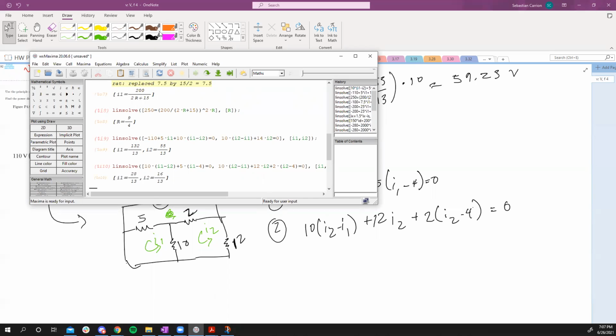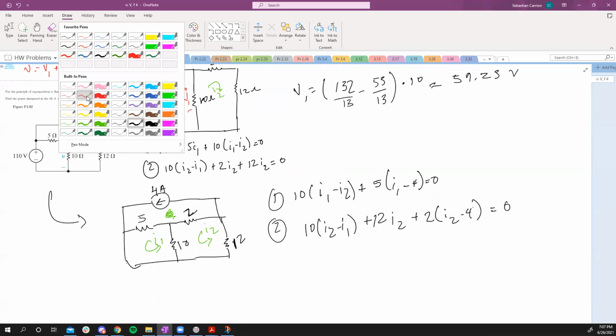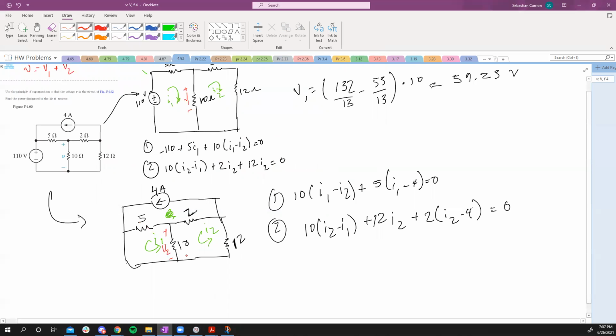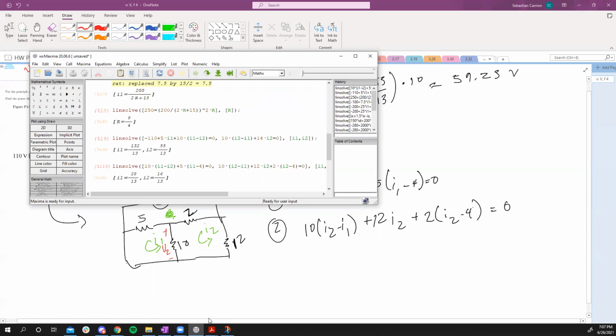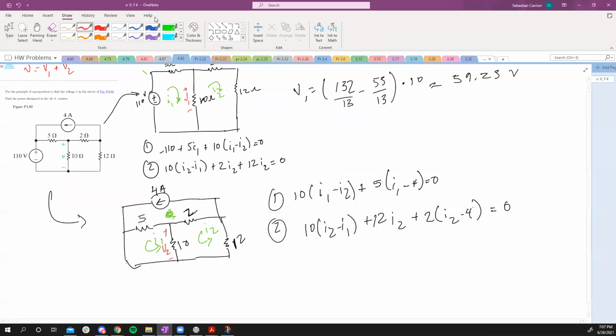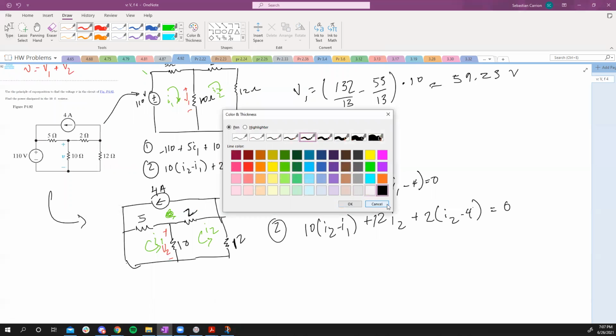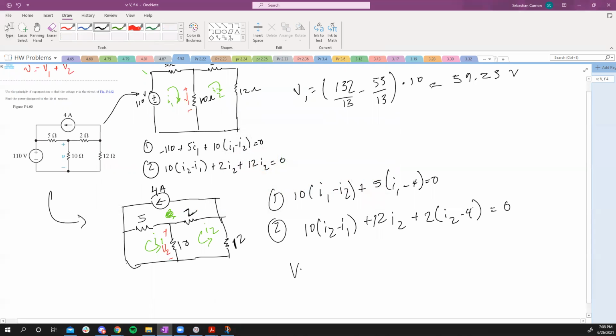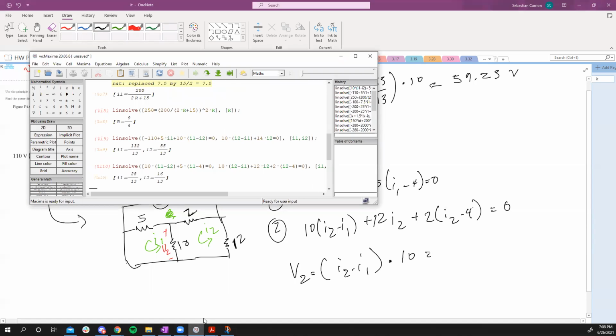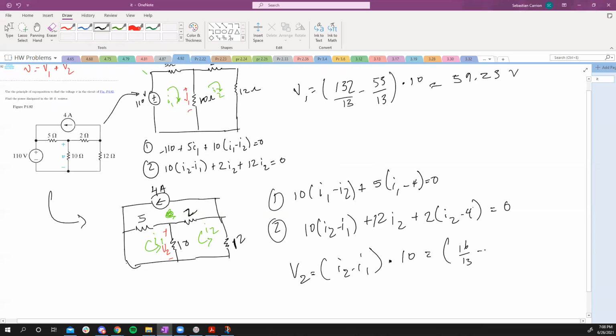our V2, we'll call this, is I2 minus I1 times the 10 ohm resistor, and it's 16 over 13 minus 28 over 13 times 10.